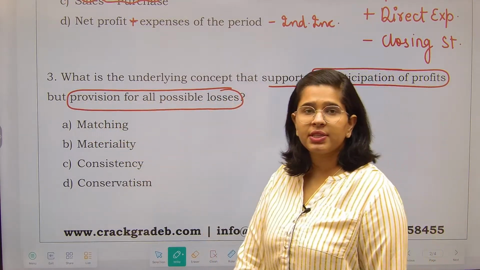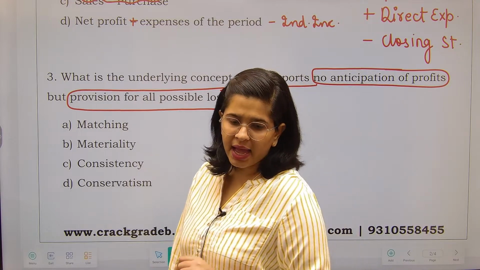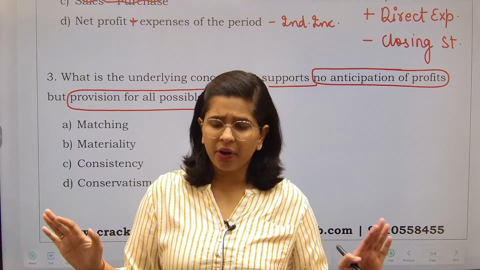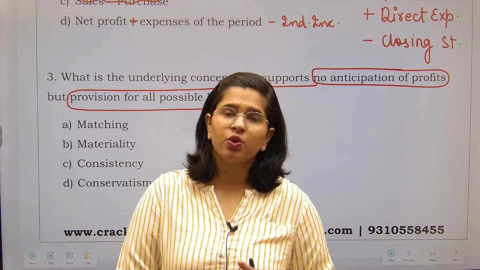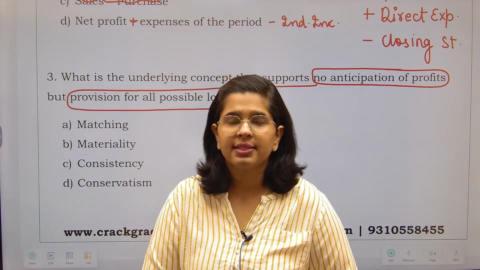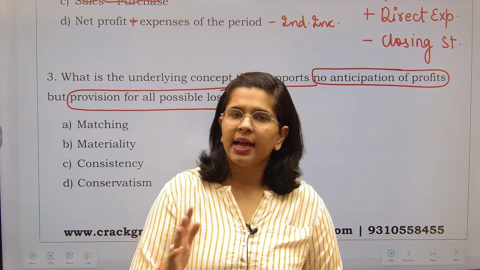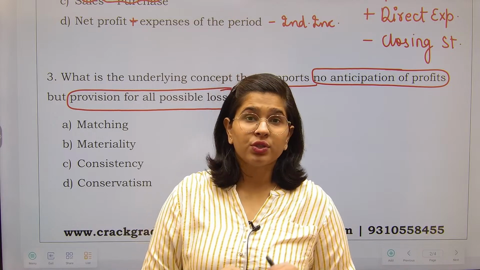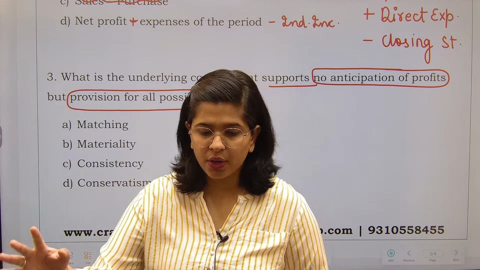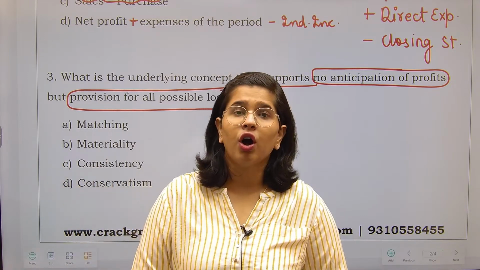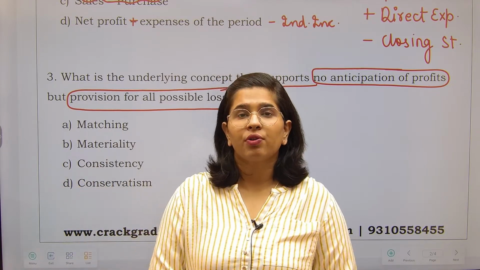There is a concept which says that if you think any income is coming, please do not recognize it until you are very sure about it. For that, we have a different concept called revenue recognition. That is separate. But this concept says that if you see that some loss is going to be incurred, please record that loss in your books. Please provide for it.